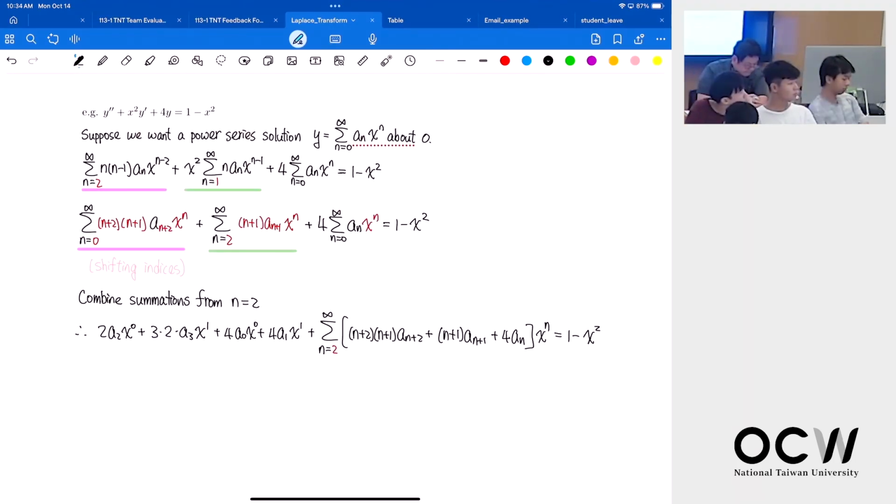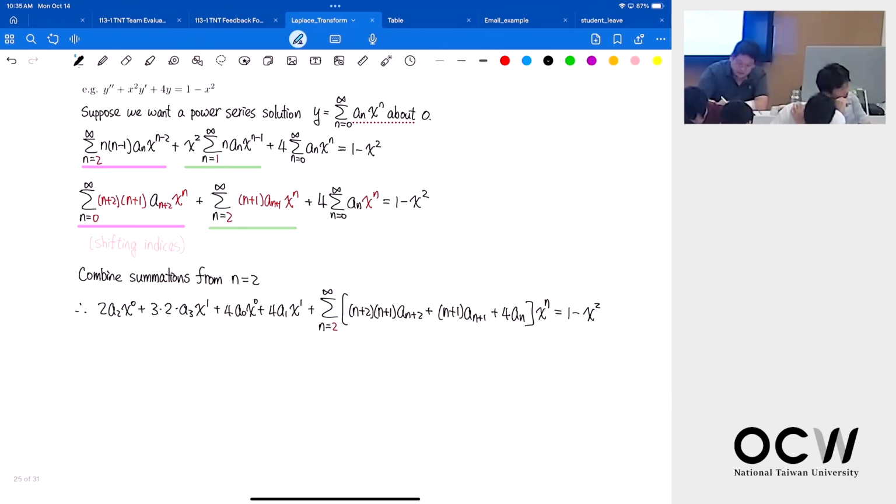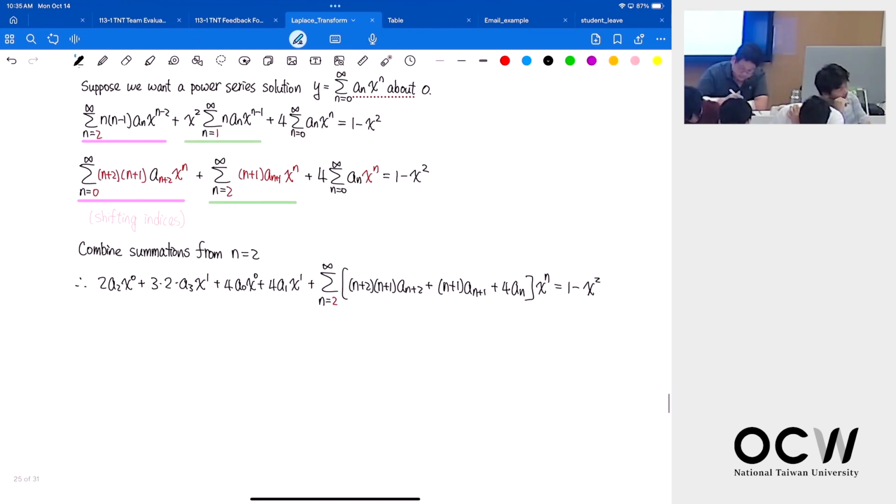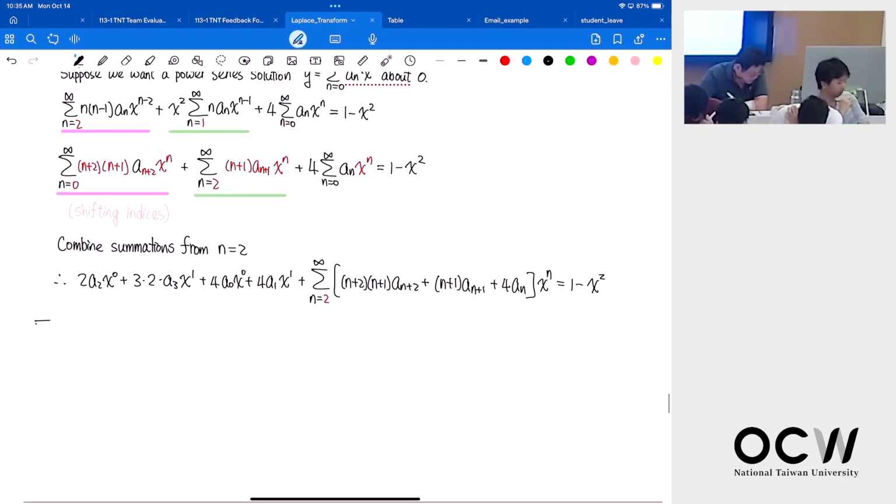Okay, so now we can compare the coefficients. We have 2a2 plus 4a naught, that's 1.